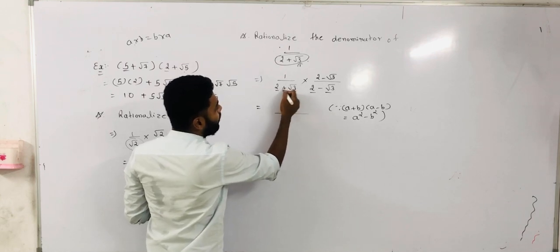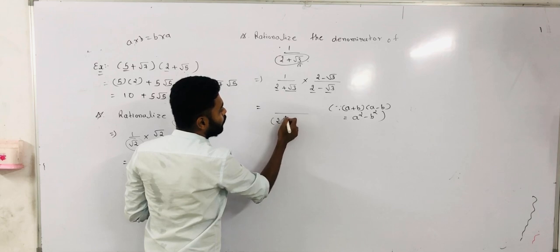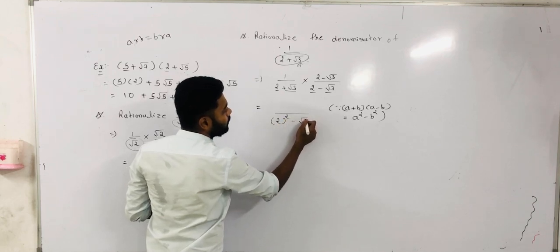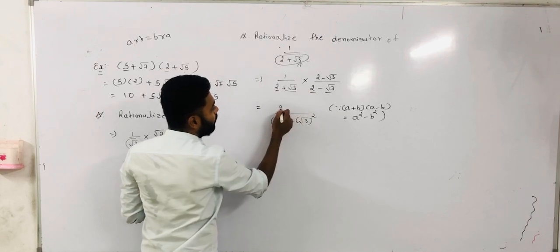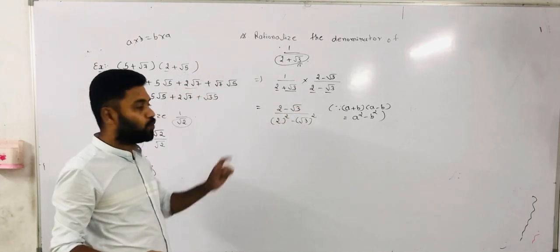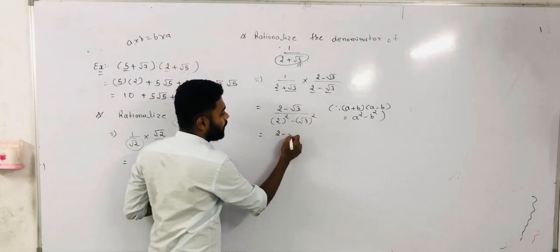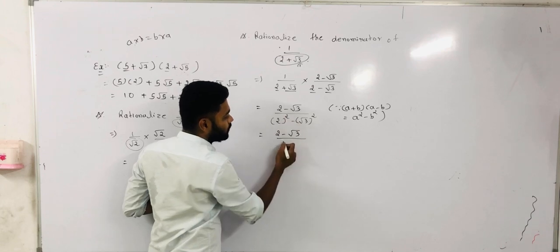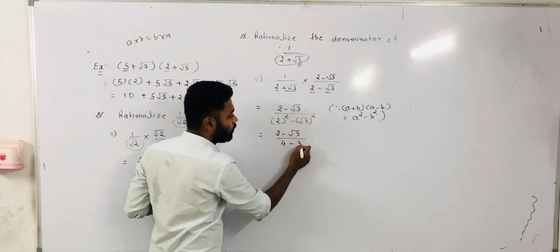So a plus b, a minus b, you can write 2 square minus root 3 square. In the numerator we are multiplying with 1, so that will remain the same, that is 2 minus root 3. So 2 minus root 3 upon 2 square is 4, root 3 square is 3.